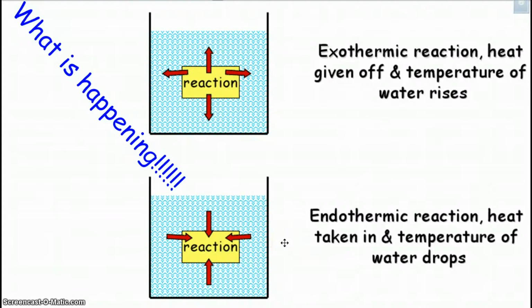And kind of the opposite, if the chemical reaction takes place in water, the endothermic reaction would take heat away from that water, absorb the heat energy, and in turn make the water around it colder. Okay? We're going to see examples of these. You're going to get to experience these in a couple of labs that we see.